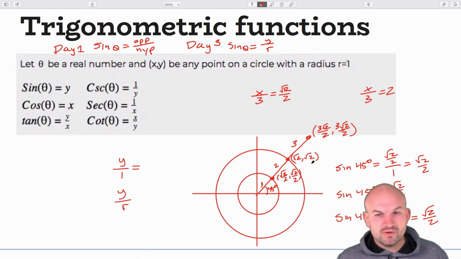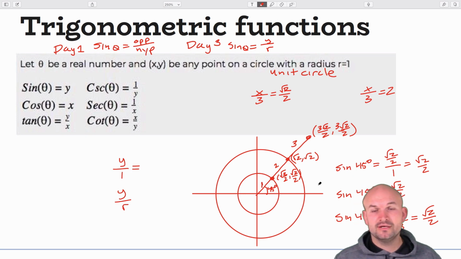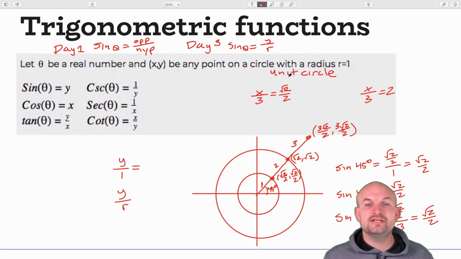So square root of 2 is not the sine of 45 degrees, right? It's the y coordinate over the hypotenuse. Square root of 2 over 2 is square root of 2 over 2. So again, these points only work when you have a point on a circle, which we call the unit circle.